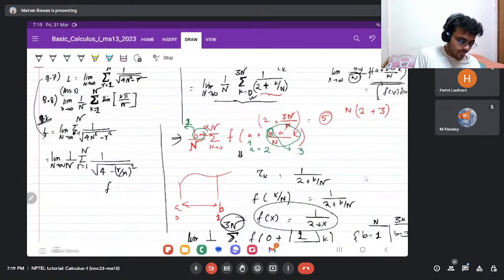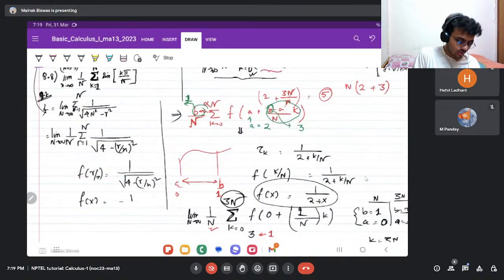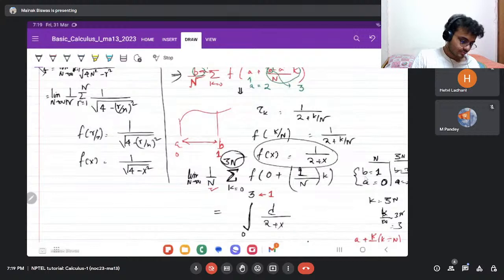So now your f of r by n, you can write it as 1 by root over 4 minus r by n square, right? Or your f of x can be written as 1 by root of 4 minus x square, right? Yes, sir. What is b here? So we'll compare it with this equation, f of a plus b minus a by n into k, 1 by n.